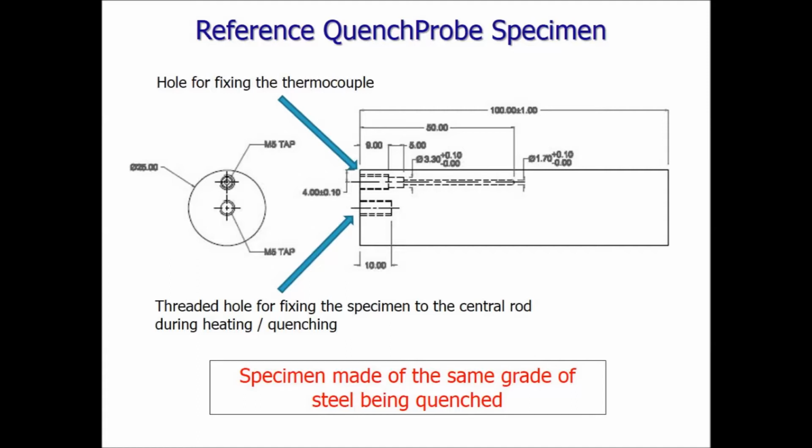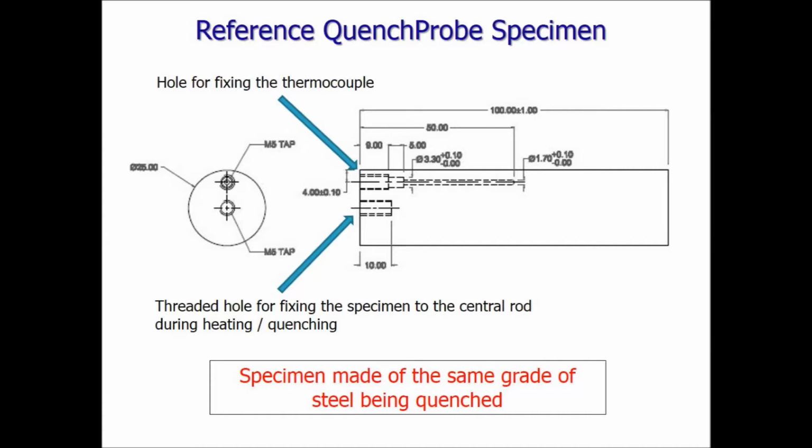Now, it has been proven that quenching characteristics of an alloy are dependent on the steel as well as the quenching oil, not only in the type of oil, but the agitation that is imparted to the tank.